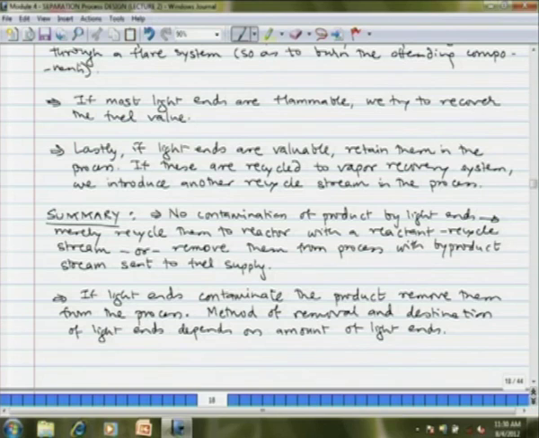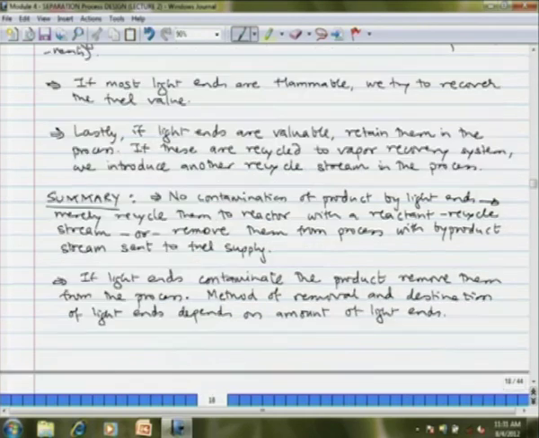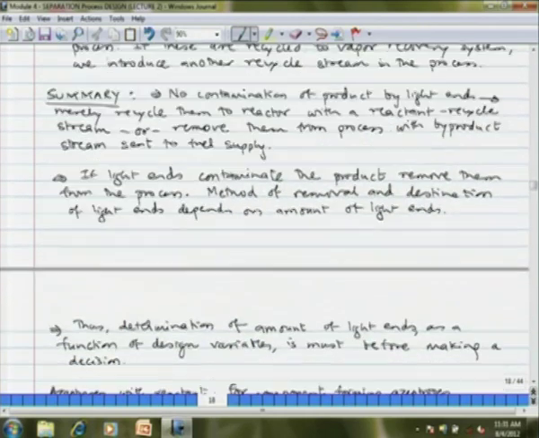If these are recycled to the vapor recovery system, we introduce another recycle stream in the process. But remember that this recovery of the valuable light ends comes at a cost. So, summarizing, no contamination of product by light ends: merely recycle them to the reactor with a reactant recycle stream, or remove them from the process with the byproduct stream and send them to fuel supply.